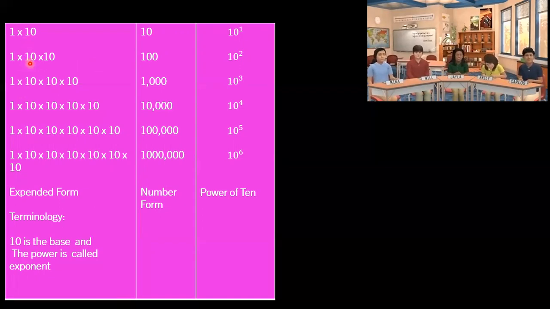Then 10 times 10 means adding 10 twice, so it comes up to 100. When we do 1 times 10, it is 10. 10 times 10 is 100. Now 100 times 10 is equal to 1,000.